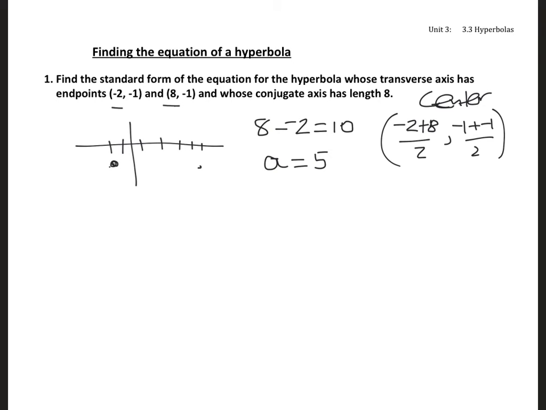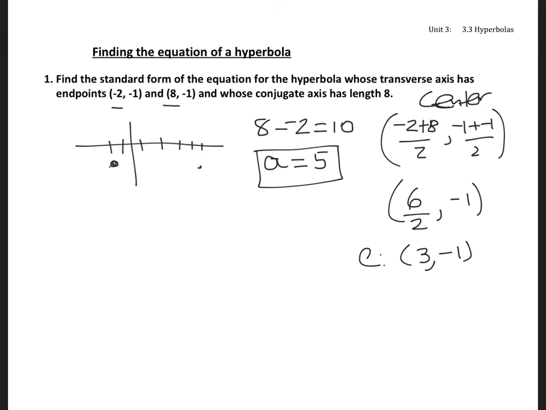So this is going to give me positive 6 over 2 and -1, which is equal to 3, -1. So that's the center. So I already know a.